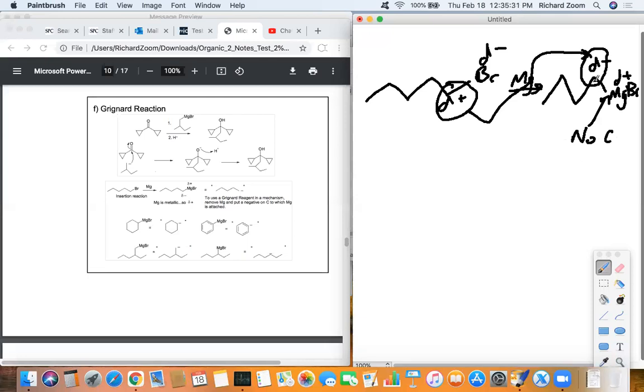The carbon is here, where I'm pointing this arrow to. That's where the C is. So you've got to be careful about that, and that's the C that gets the negative charge, the one that's connected to the Mg. Does anybody have any questions so far?